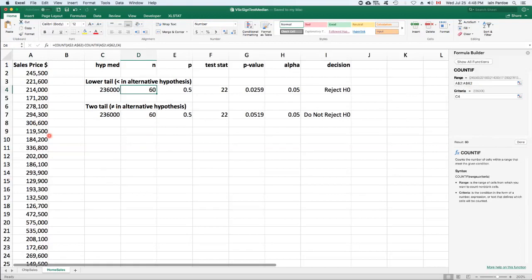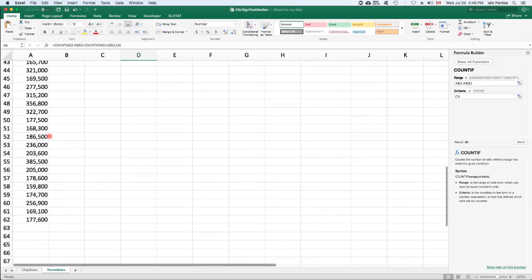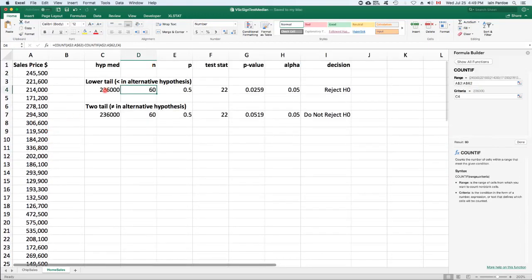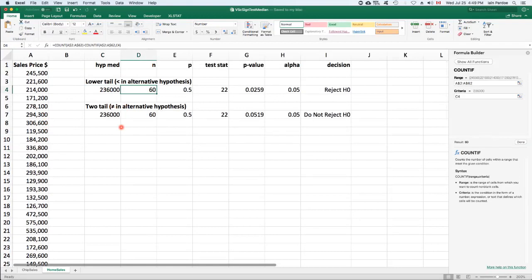Our sample size is the number of data values here minus any that are equal to 236,000. And we do actually have one in this data set, so that brings the sample size from 61 down to 60.